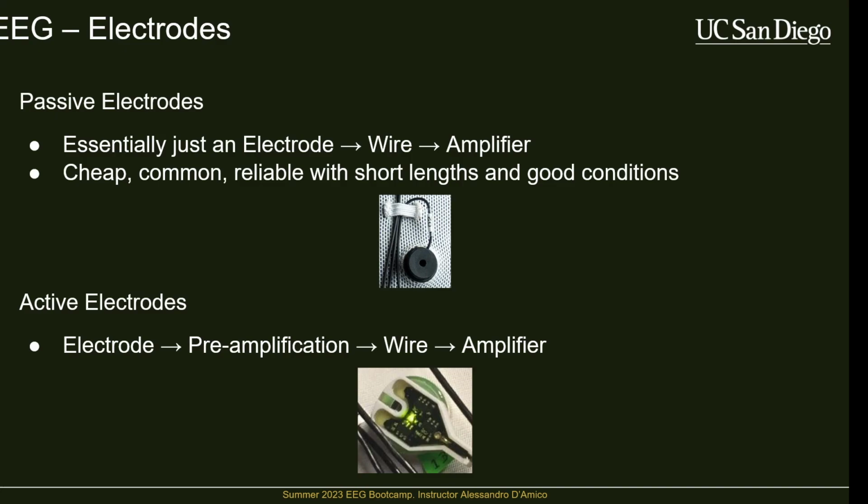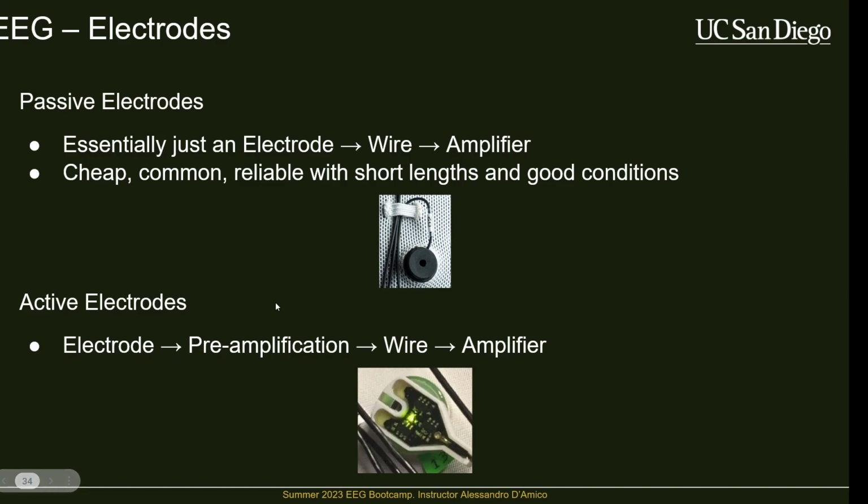It's really not going to corrupt that signal as it makes its way to the main amplifier and digitizer. That's why active electrodes are so popular nowadays. They sort of eliminate the need for a shielded room, and you can also get away with having much longer cables.